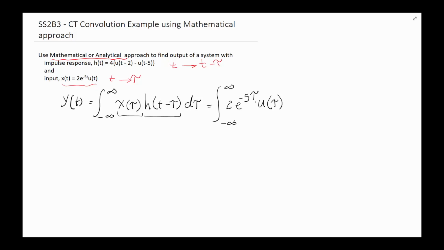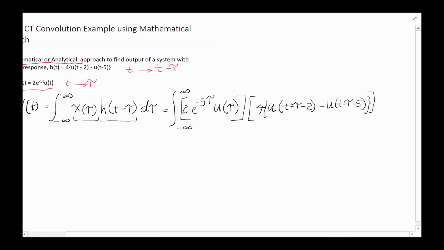So if we do that, we write h of t minus tau, which is going to be 4 times u of t minus tau minus 2, minus u of t minus tau minus 5, and that 4 is multiplied by both of those. We know this integration is with respect to tau.